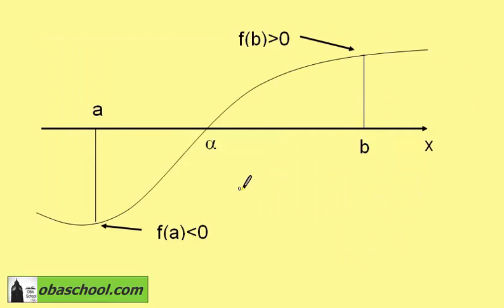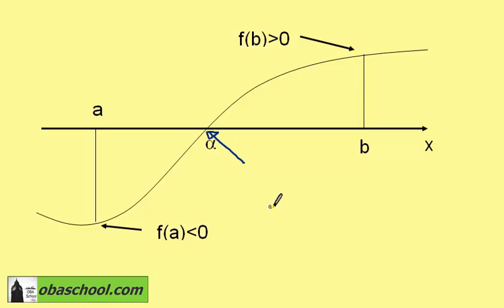Here we have a close-up of the root on the graph y equals f of x. The true value of the root is this value alpha. This is where the curve actually crosses the x-axis.